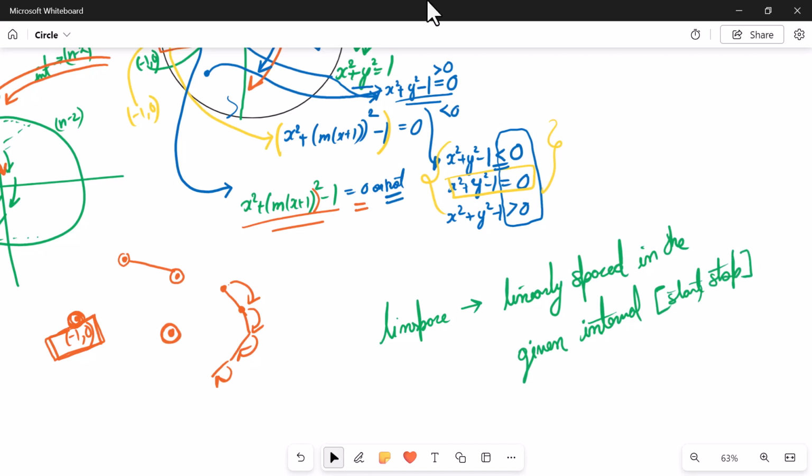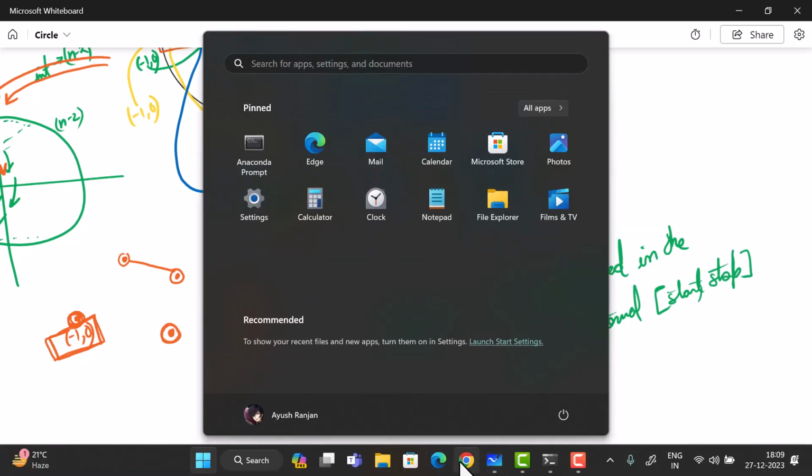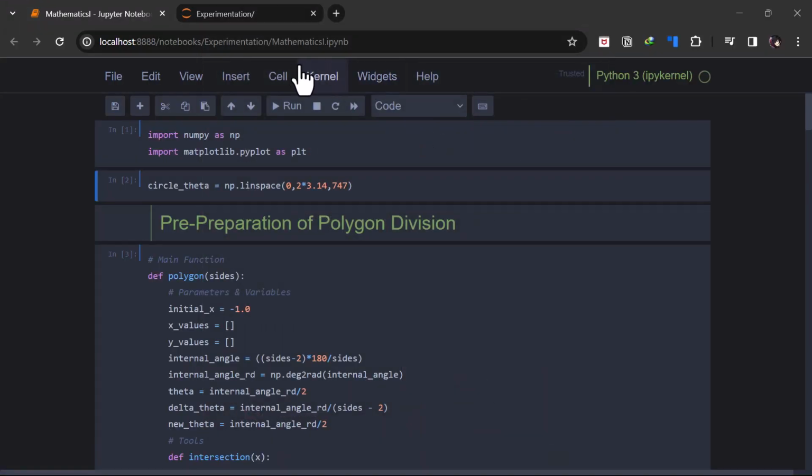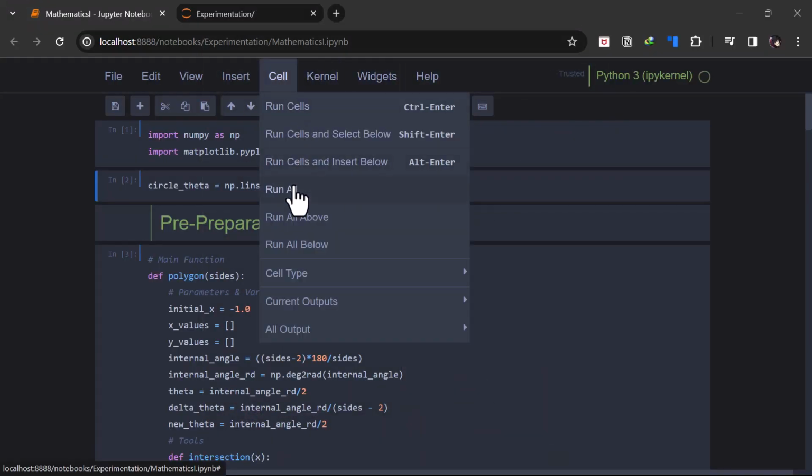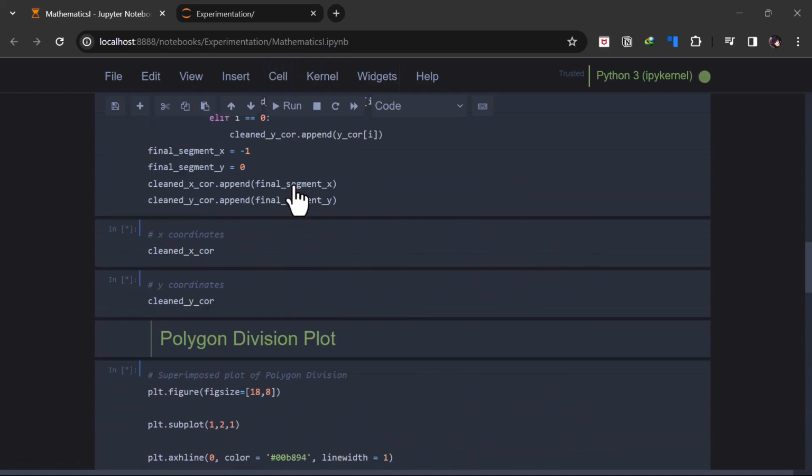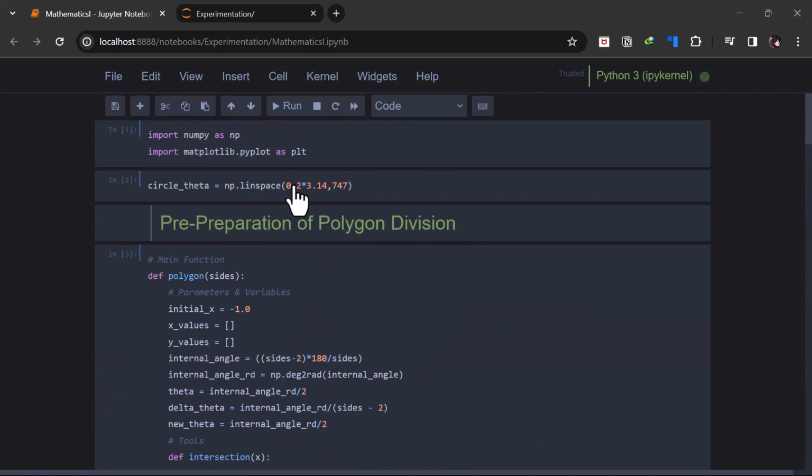I don't think I've run all the cells, so let me run all the cells as well, and then we'll see.